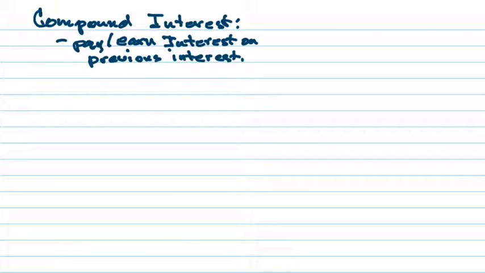It's more compounded, right? Whereas simple interest is simply based on the principal, compound interest is based on the principal and the interest. So you're paying interest on top of interest.